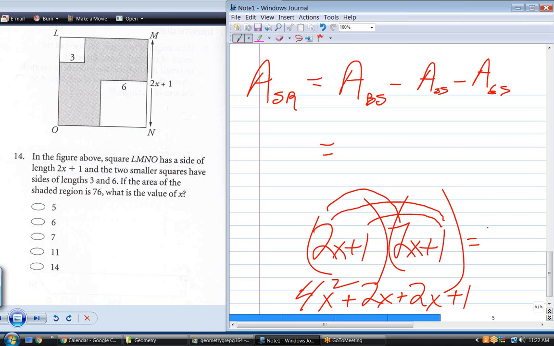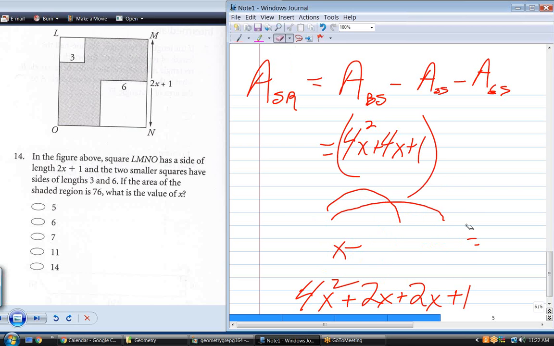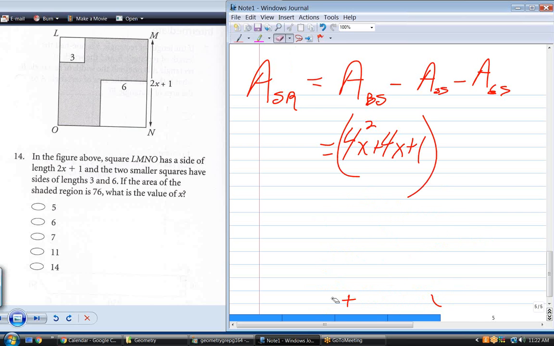So my answer is 4x squared plus 4x plus 1. That's the area of the big square. What's the area of the square that has a side length of 3?